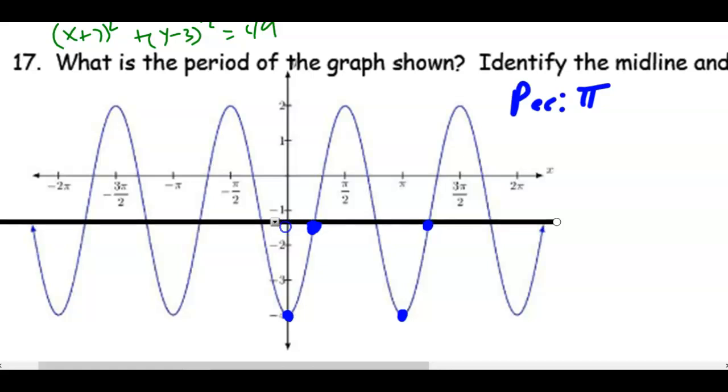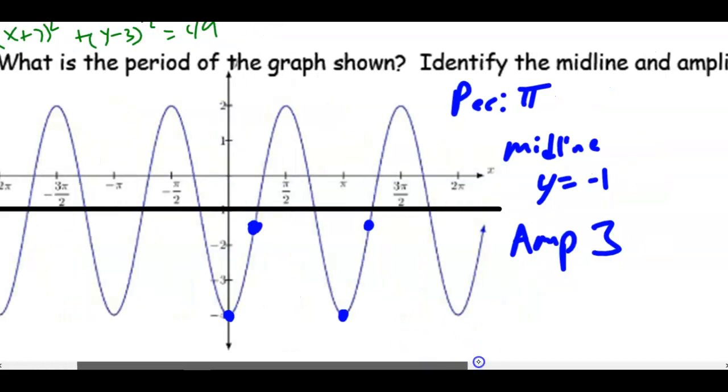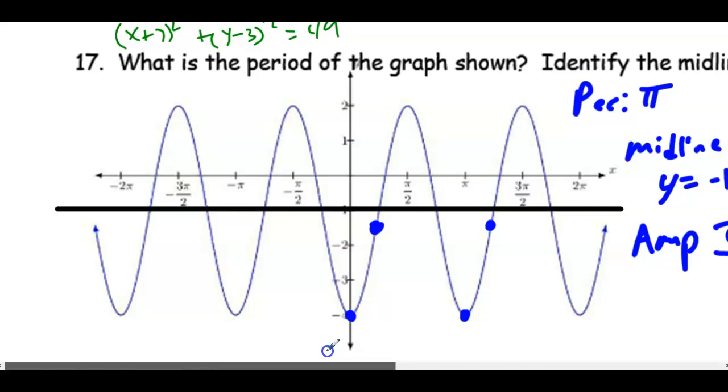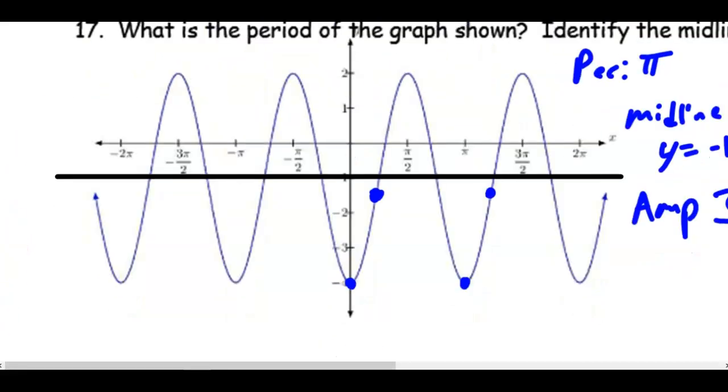Then let's move this up right there. There's the midline. So the midline's at -1. So if the midline's at -1, right? Then that means the amplitude is 1, 2, 3. The amplitude is 3. Alright. Let's keep going.